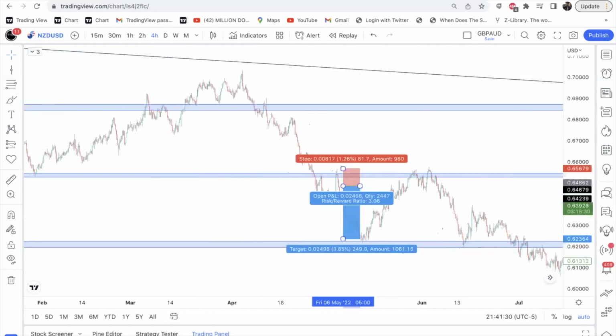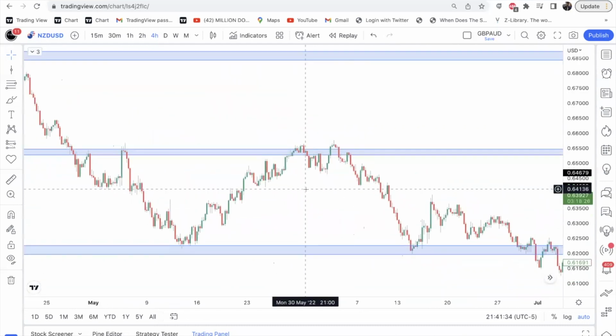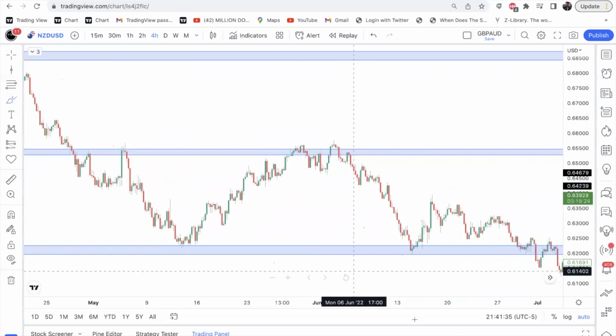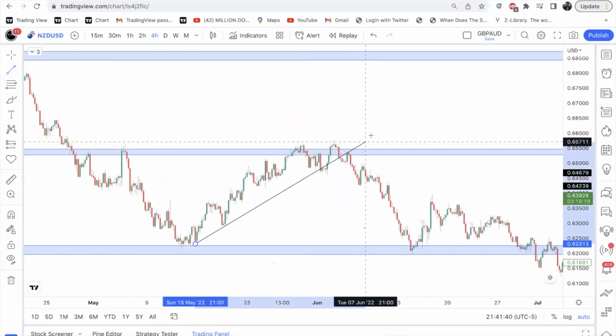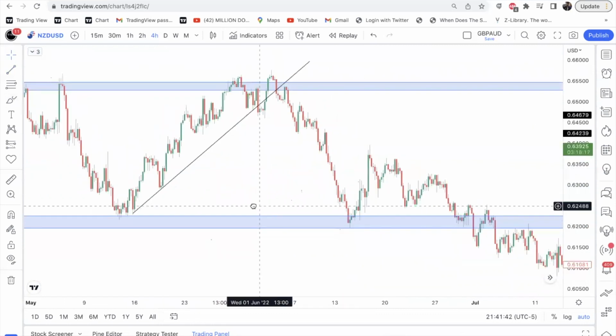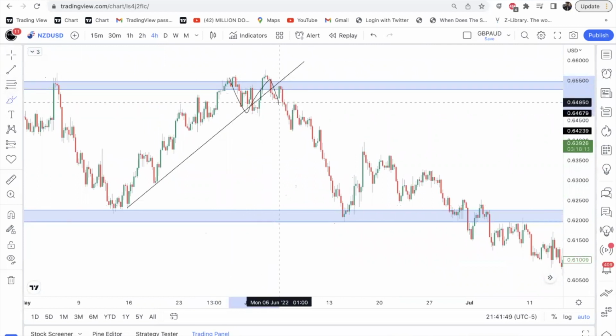After that, it first bounced back up to that same level, and the same scenario happened. Found resistance. So we had an initial rejection, pulled back, held again and broke down.